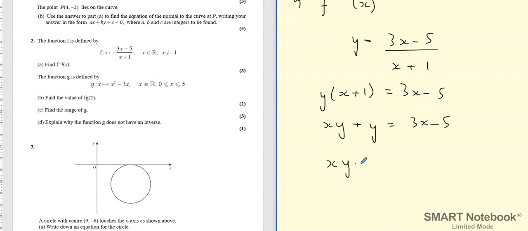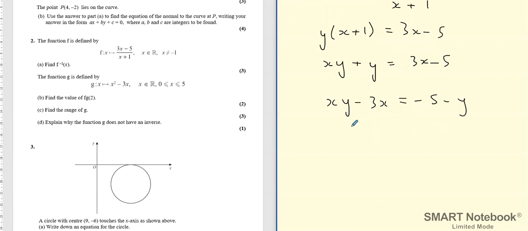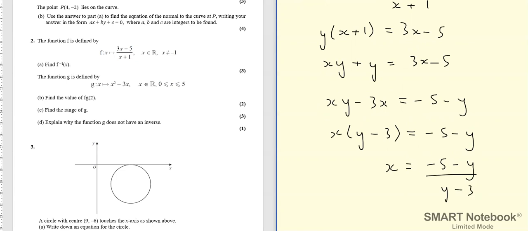So I'm going to do xy minus 3x equals minus 5 minus y. And now I have to factorize the x out. So we get x times y minus 3 equals minus 5 minus y. And therefore we get x equals minus 5 minus y over y minus 3.